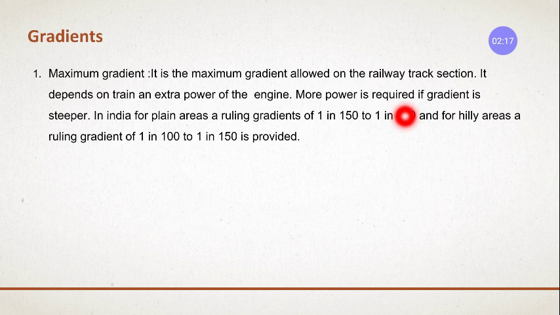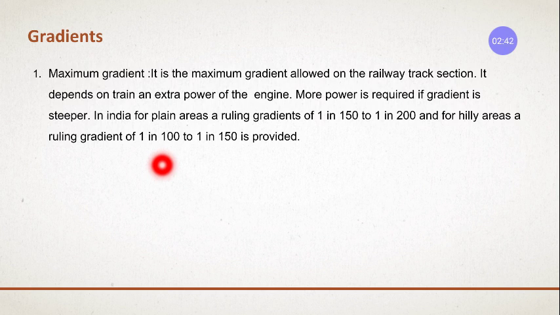More power is required if the gradient is steeper than this maximum gradient. In plain areas, the ruling gradient is 1 in 150 or 1 in 200, and in hilly areas, 1 in 100 or 1 in 150 is provided as a maximum gradient.